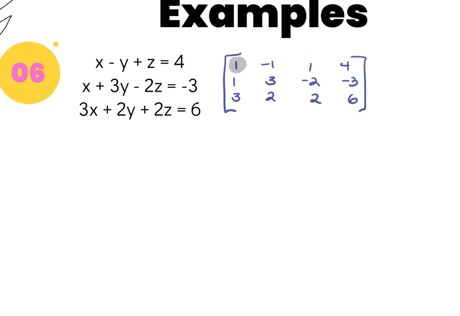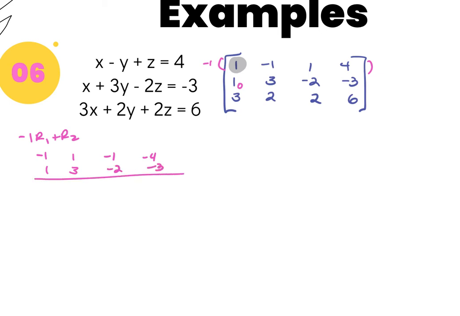So then the next step I would recommend is working down to get the 0 underneath it. What's one way I could do that? Good. -1, row 1 plus row 2. So I'm going to multiply all of row 1 by -1. So -1, 1, -1, -4. And then row 2, 1, 3, -2, -3.